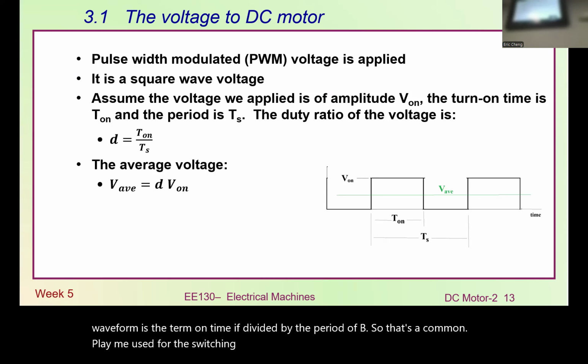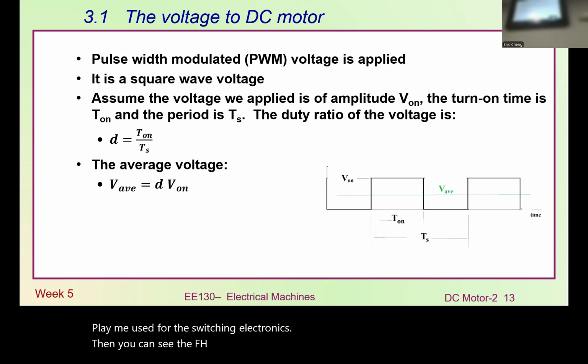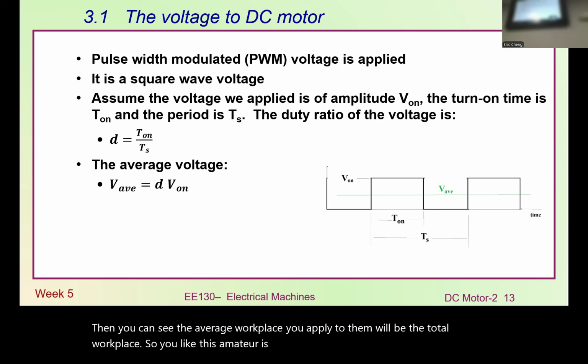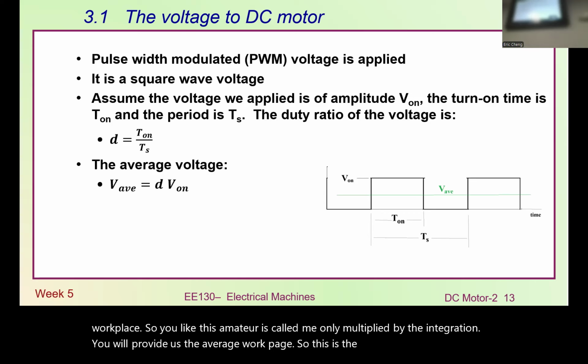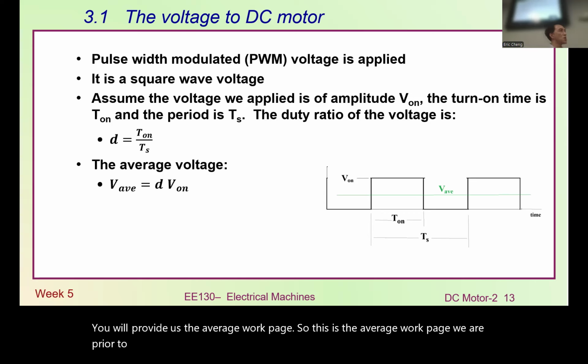Then the average voltage applied will be the turn-on voltage, called V on, multiplied by the duty ratio. It will provide us the average voltage. This is the average voltage we apply to the motor or to another system. So that's simple and straightforward.